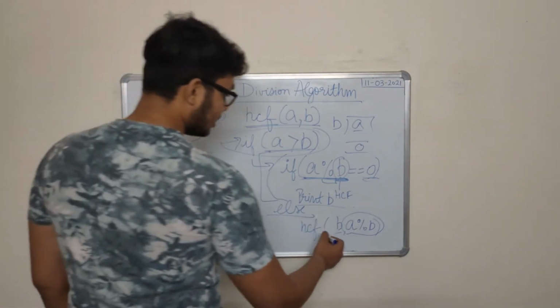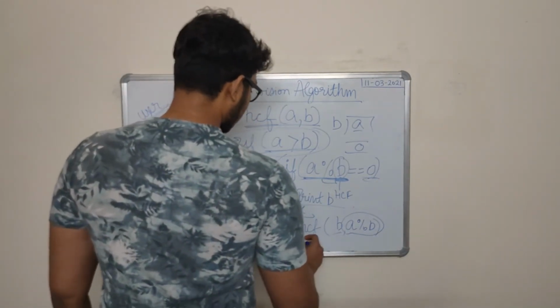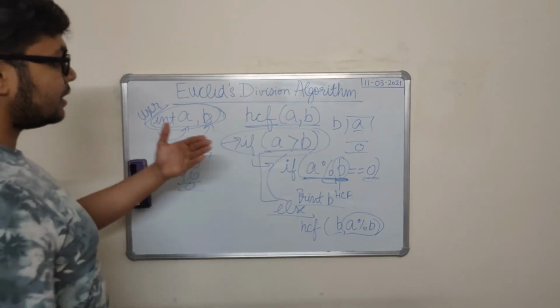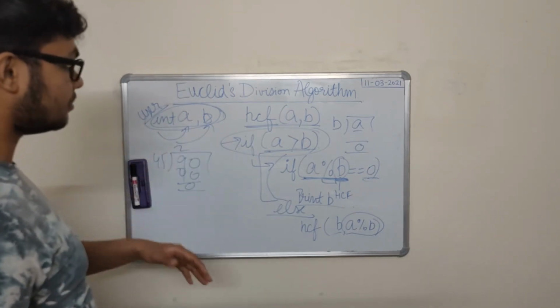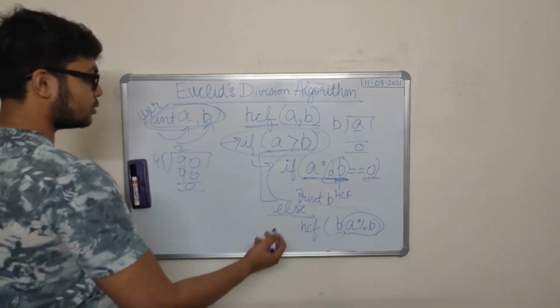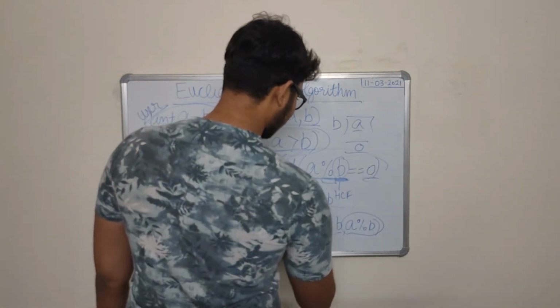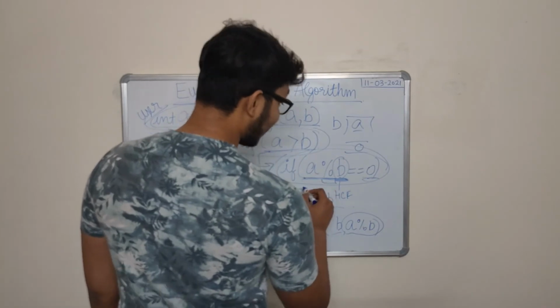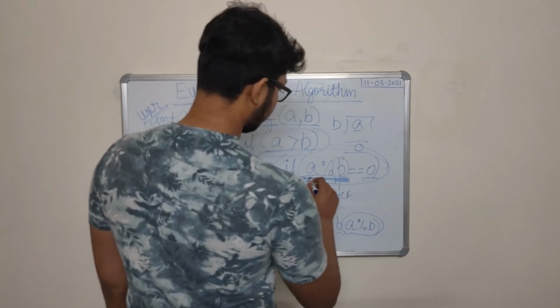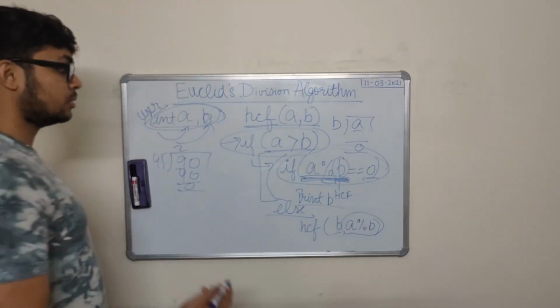So now this function will recursively try to solve it until we get a situation where A modulo B is 0.